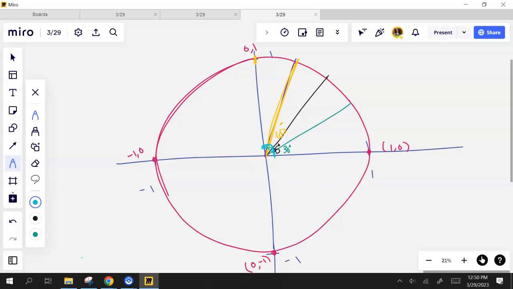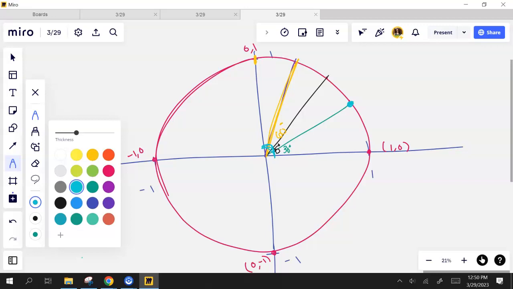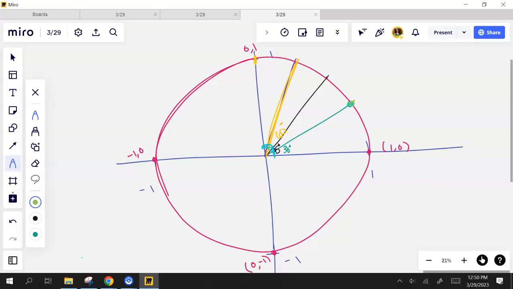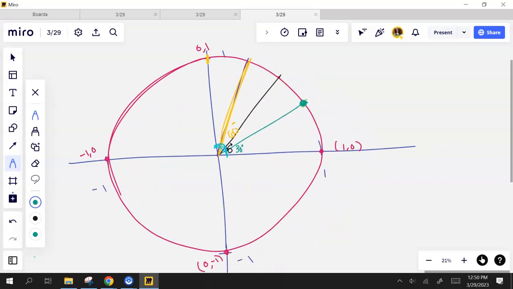Now, I want you to think about something for just a minute. Let's look at just this point right here first. To know the coordinates of that point, I would need to know how far over it goes, and that's my x coordinate, right?